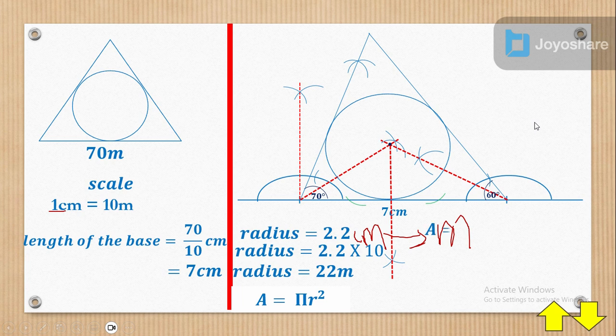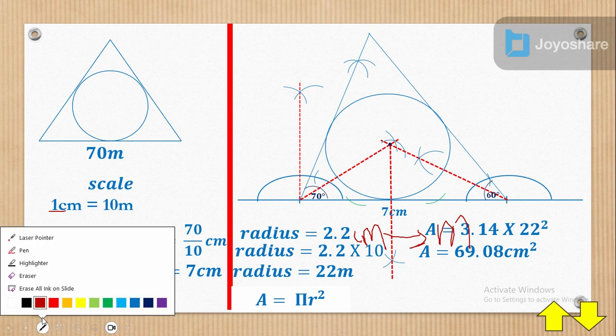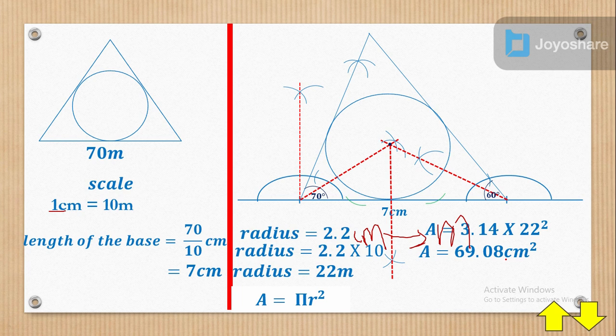Let's go. So area is equal to 3.14 times 22. Now remember, the radius is 22, but squared, so the area will be 69.08 centimeters squared. Anyway, this is an error, I think. Typing error here, please. This is meant to be meters squared, not centimeters. Let's go there.